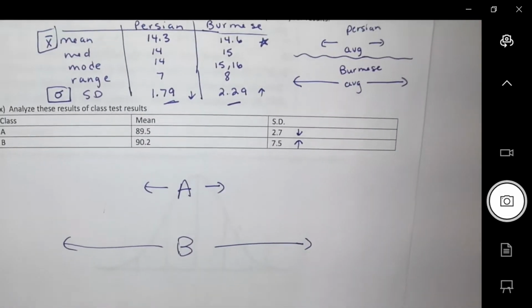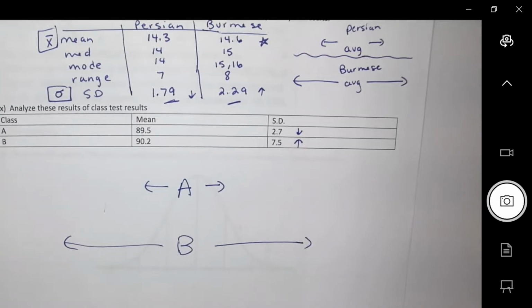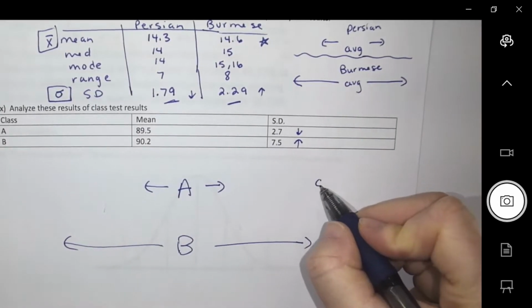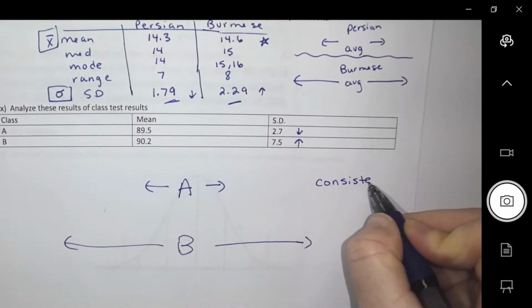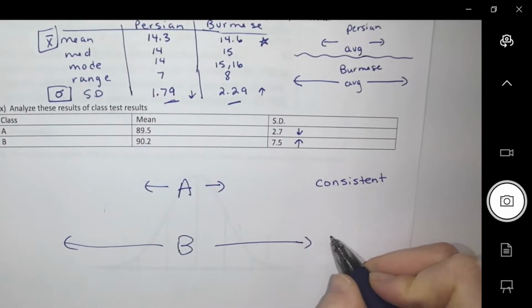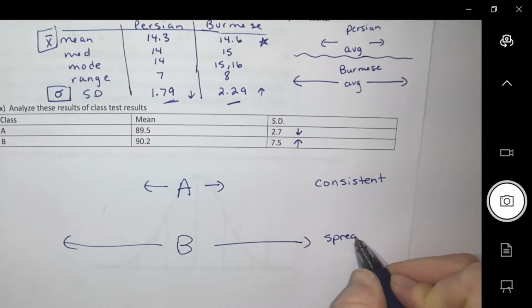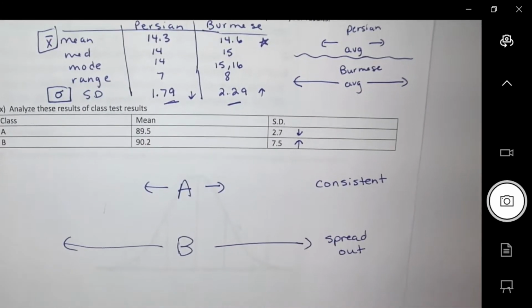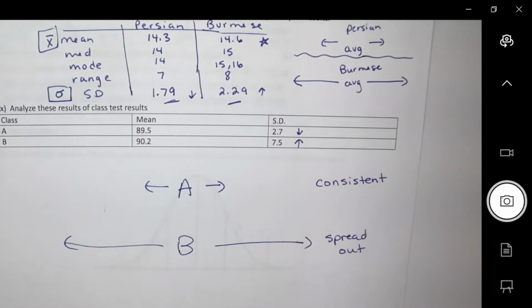It's how dispersed your data is. Your data is spread out more. So this class is more consistent, and this class, their scores are more spread out. Okay, so that's what standard deviation is telling us about the data. The data is going to disperse more.